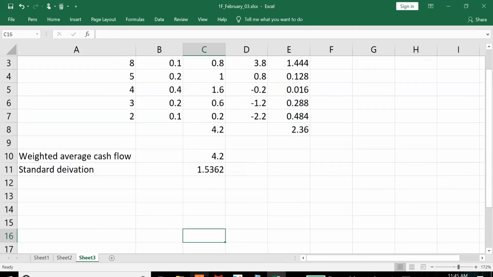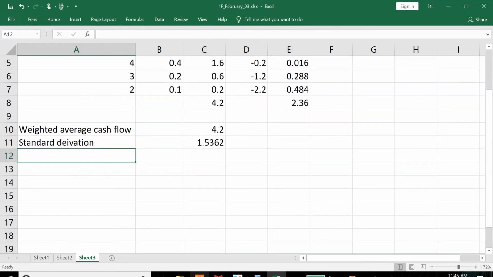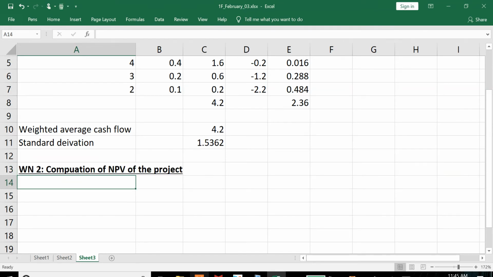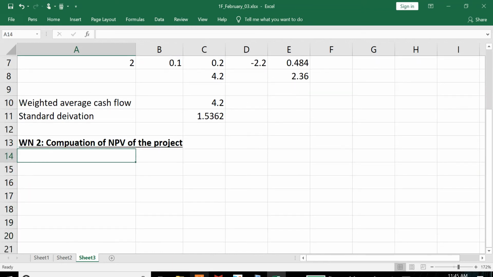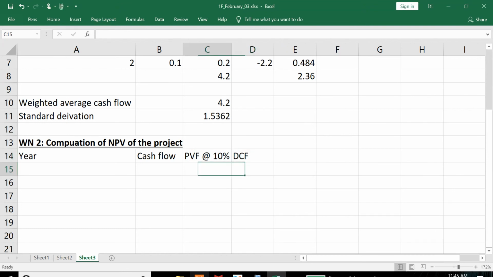Working note 2, computation of NPV of the project. Year, cash flow, PV. What's the discount rate given? PVF at 10% and DCF.